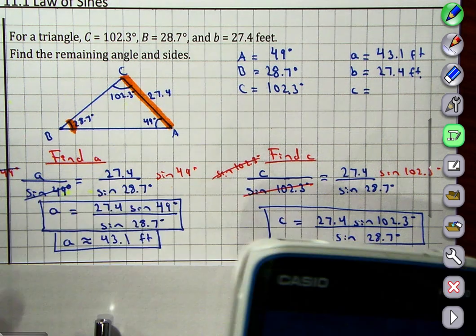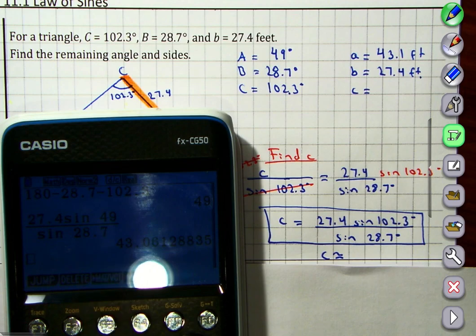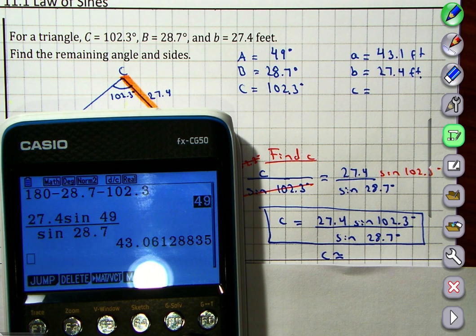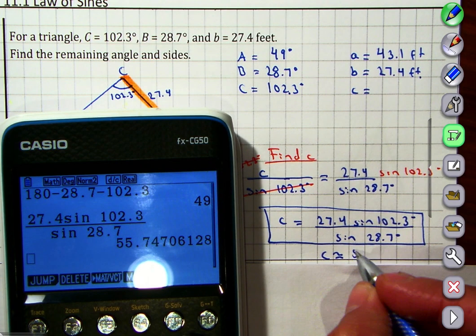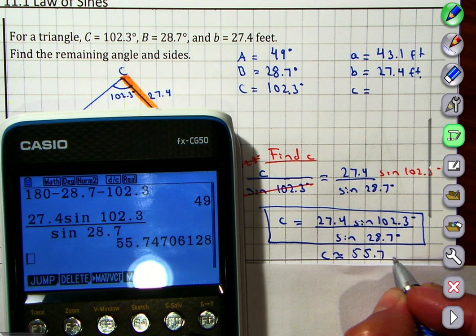So another thing that you notice is that your setup is almost the same as above, so I can just go back. On your TI-84, you can just do second entry, and that will bring this notation. Everything else is exactly the same, so therefore that'll be 55.7, and that'll be feet.